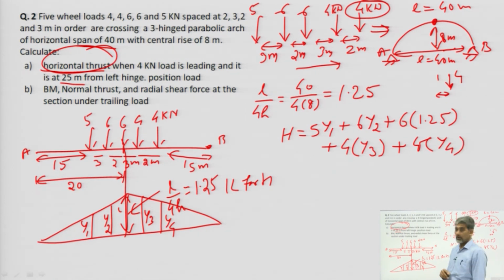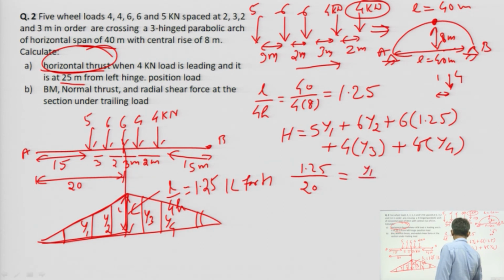Okay. How can we calculate the values of y 1, y 2, y 3? From similarity we can calculate. So, from similarity 1.25 divided by 20 is equal to y 1 divided by 15 is equal to y 2 divided by 18. So, calculate the values of y 1 and y 2.